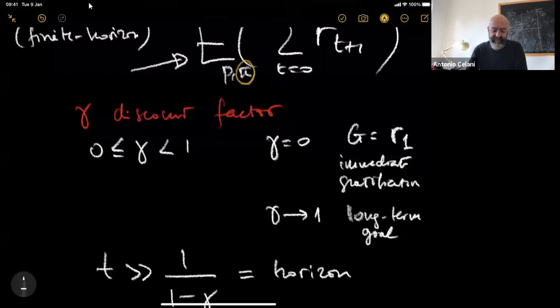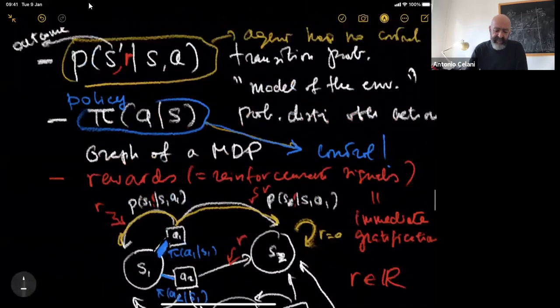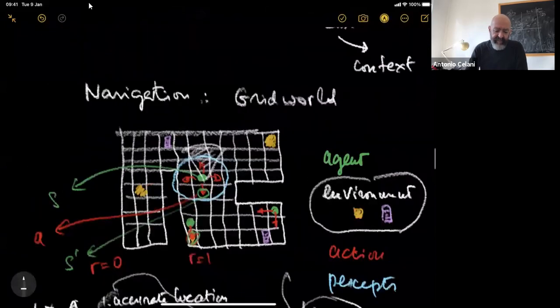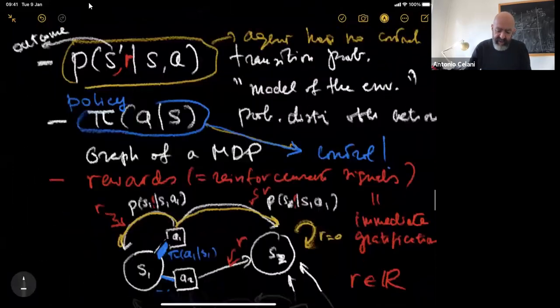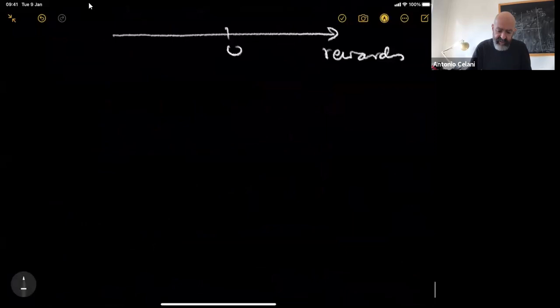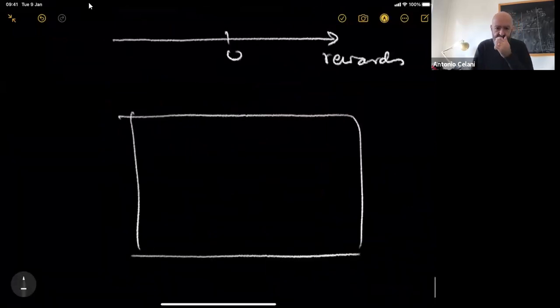So, for instance, let's go to the navigation task. Let me redraw this again because otherwise it's a mess. I keep on drawing on the same graph. I'm not going to write down the grid.